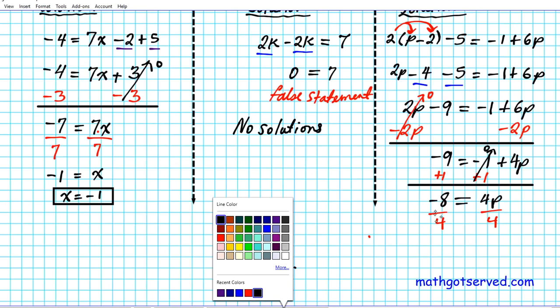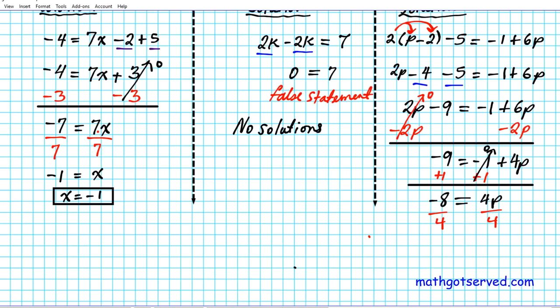Negative 8 divided by 4, negative divided by positive is going to be negative. So remember the rule: anytime you divide different signs, you always end up with negative. Okay? So we have negative 2 is equal to, the 4's divide each other out, p. And this is basically the same thing as p equals negative 2, using the reflexive property of equality. And that is the answer to question number 3.